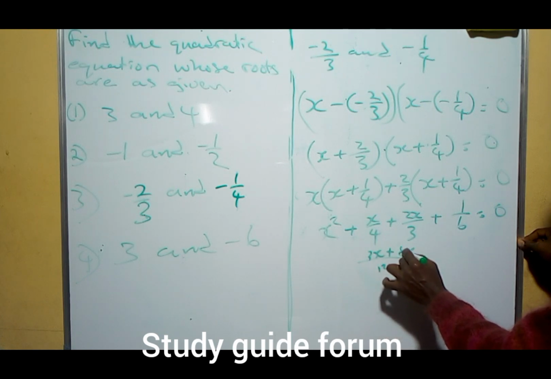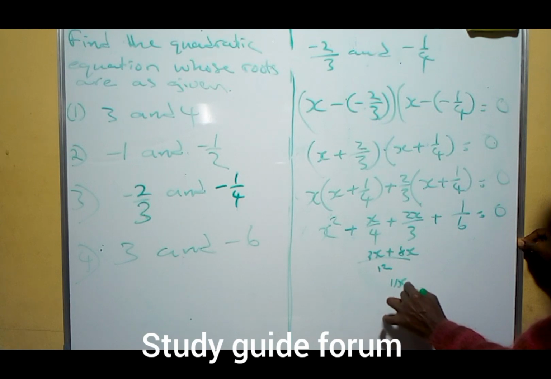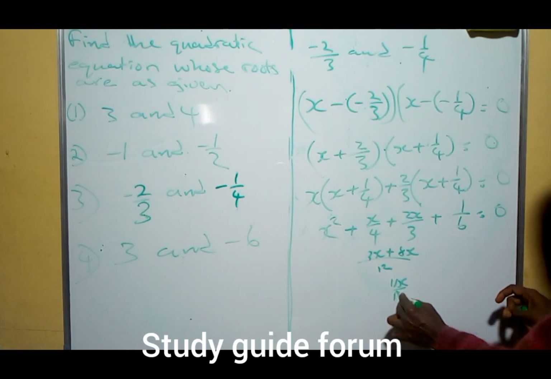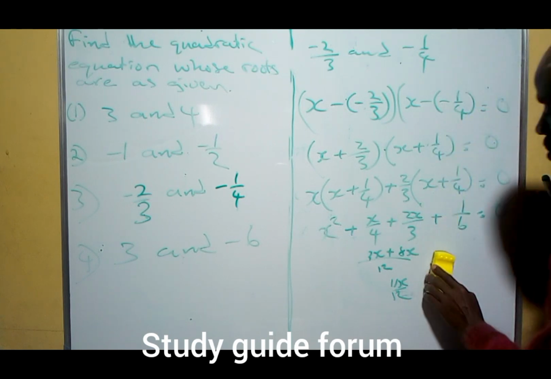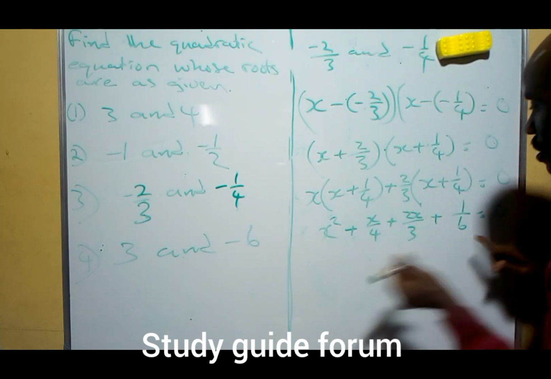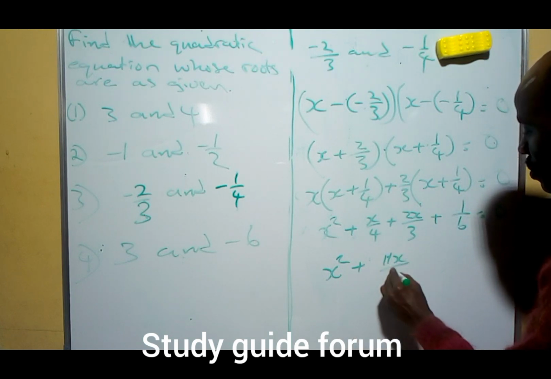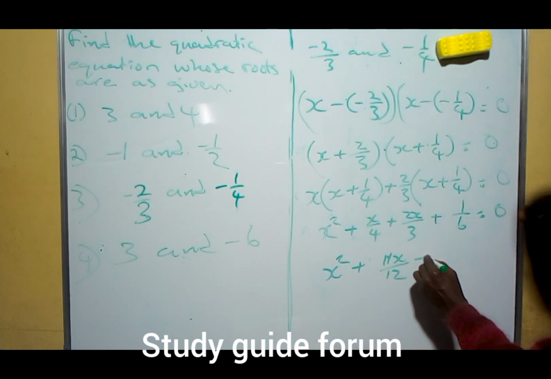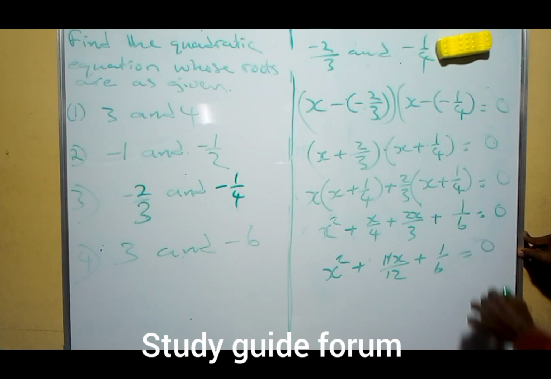Add it up: 8, 9, 10, 11. We have 11 over 12. So that's what will be here. So what we have here is x squared plus 11x over 12, and plus 1 over 6 equal to 0.